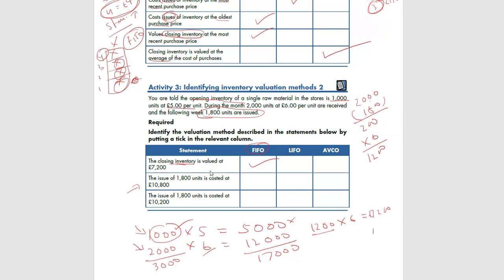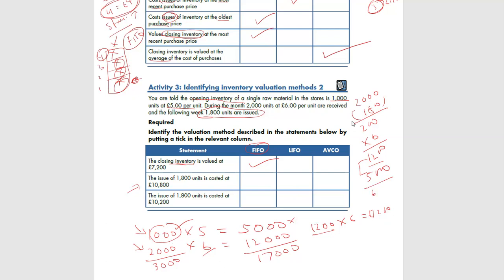And 200 times 6 gives me 1200. And after that the 1000 at 5 is 5000. Let's have a look once again. So the closing inventory value will be 5000 plus 1200, that gives me 6200. But the question said not the closing inventory.